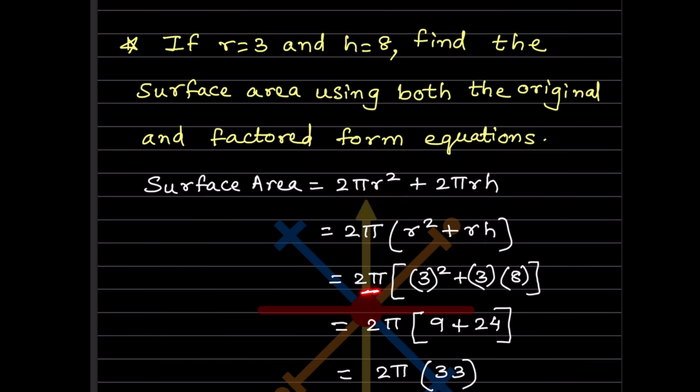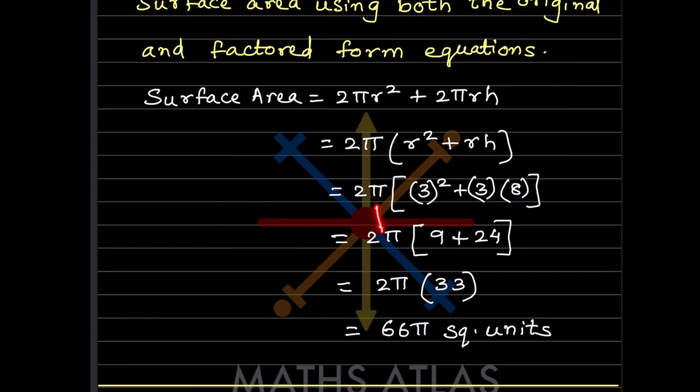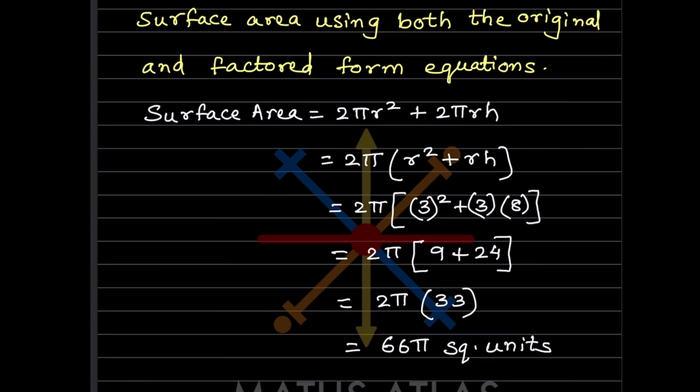So now what will you write here, 2 pi, and you have the value of r is 3, so you'll put 3 square, and we have the value of h is 8, so we'll put here 8. So 2 pi, this will be 9, 24. So this will be 33, then 33 into 2 is 66 pi, and you know area is always going to be in square units.